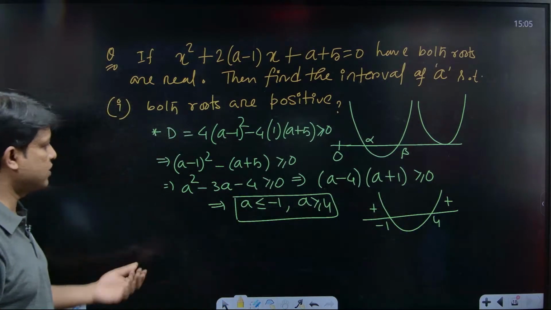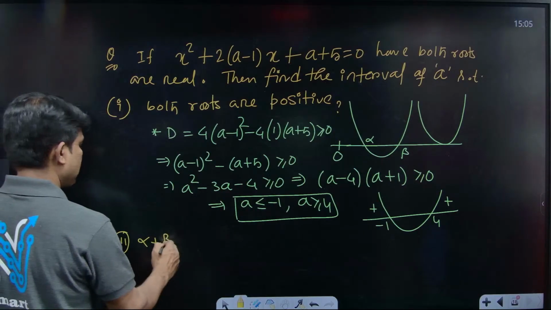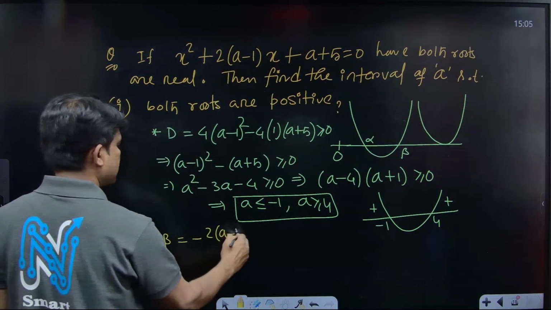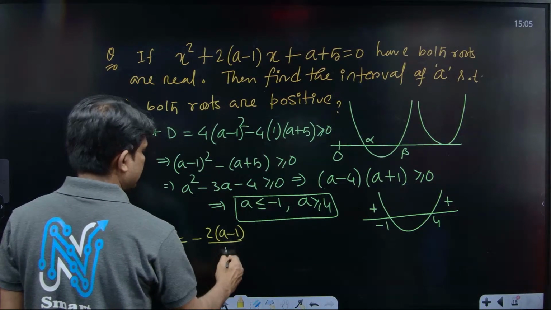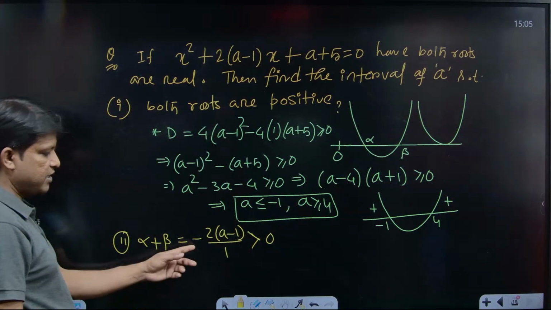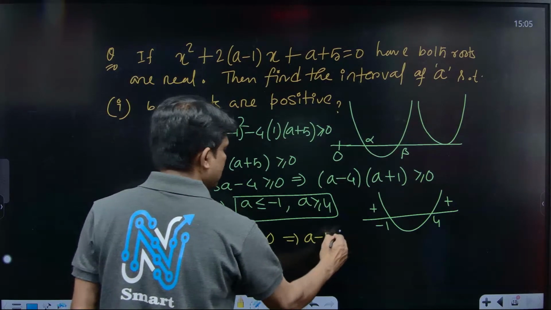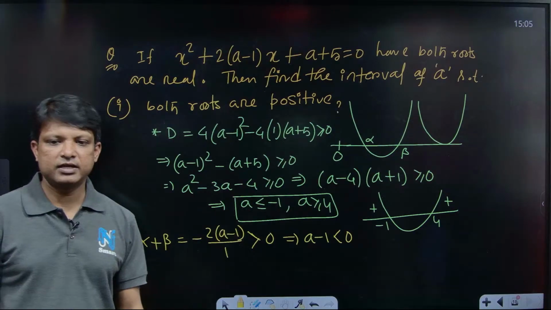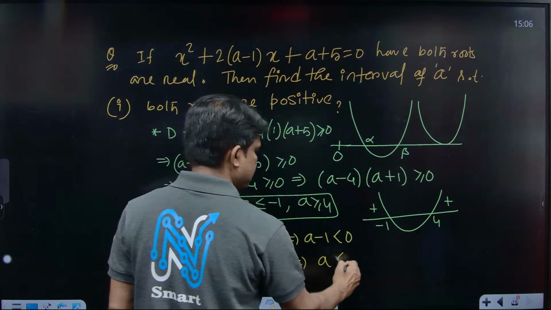Now the sum of roots is positive. Second case: alpha plus beta equals minus b by a, that is minus 2(a minus 1) by 1. This is strictly positive because both roots are positive. So minus 2(a minus 1) positive means a minus 1 is less than 0, so a is less than 1.